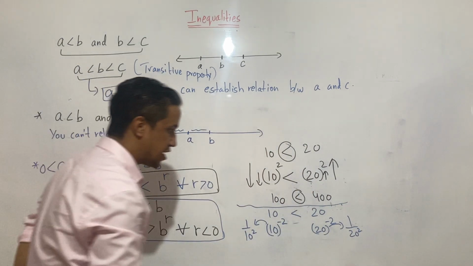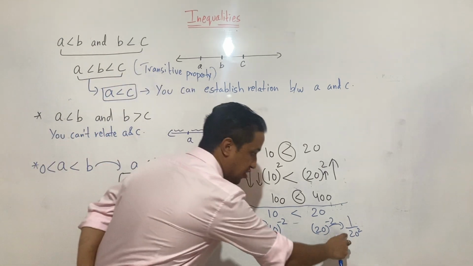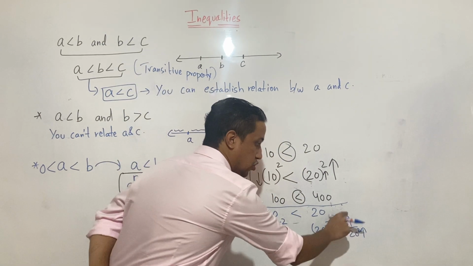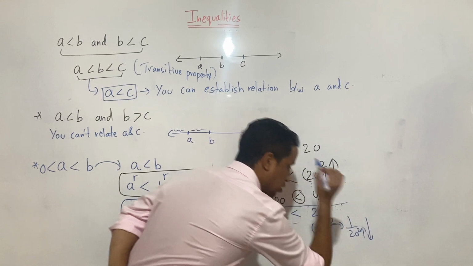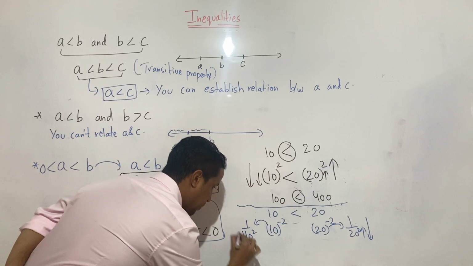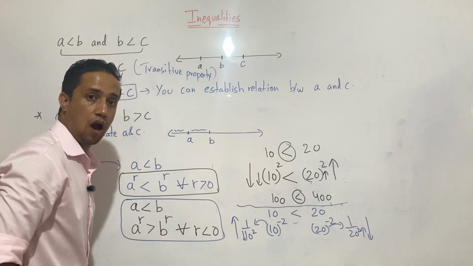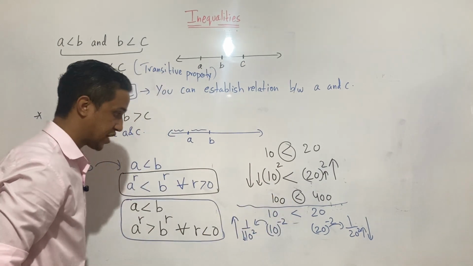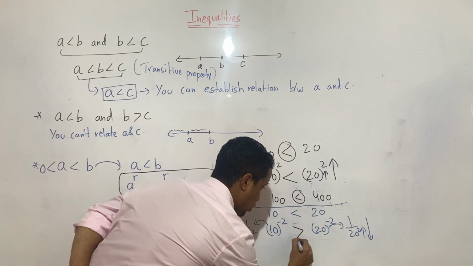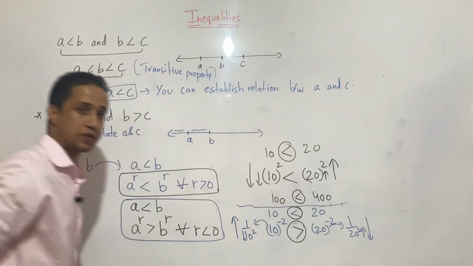Now, if you see here, in the denominator I have the higher base, which means the overall value will be smaller, right? Here in the denominator I have the smaller base, and the overall value is going to be higher than the value on the other side. So clearly, this is going to be greater. Now you can see the signs are inverted.